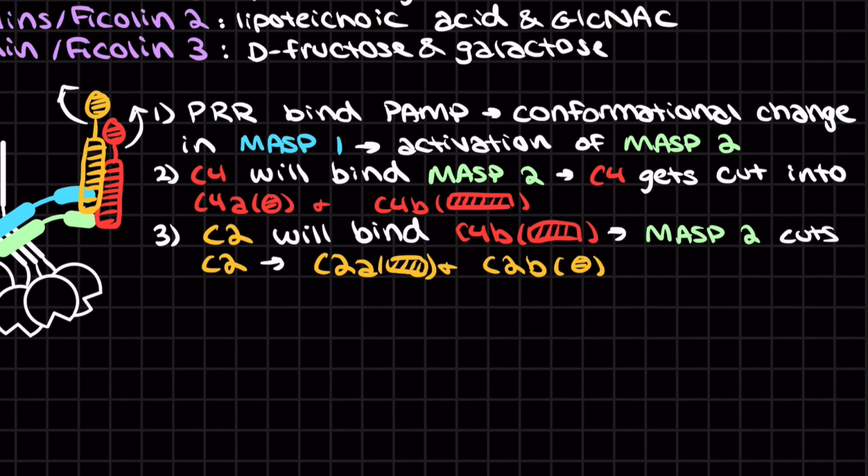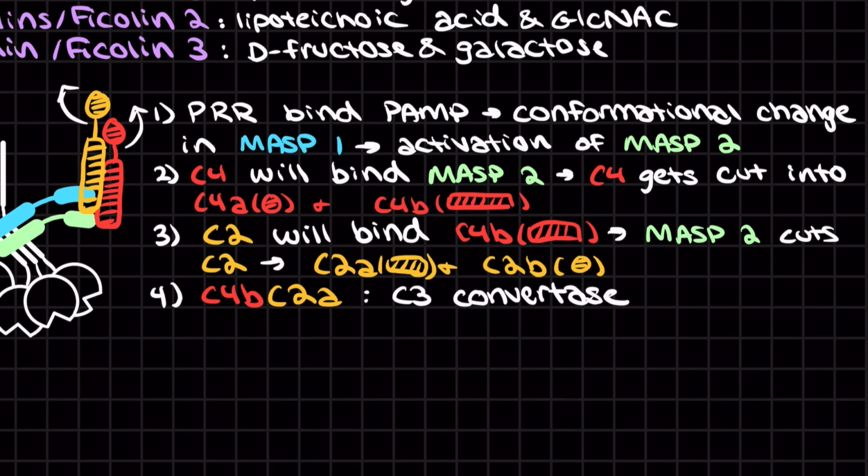And what this is going to leave us with is what we discuss in step 4, which is what we're left with, that being C4B and C2A. This is what we call a C3 convertase.